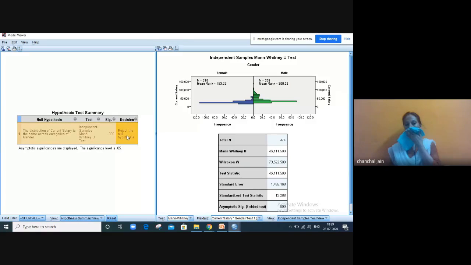You have to report the same significance value, the same Mann-Whitney test value, and the asymptotic and standardized test statistics. You will report all these three values even in case of mean rank. It is showing there is a difference in the mean ranks as well, and then you need to report that the shapes are not the same. That is why you have taken the hypothesis on the basis of mean rank. Sir, I hope you got the answer.